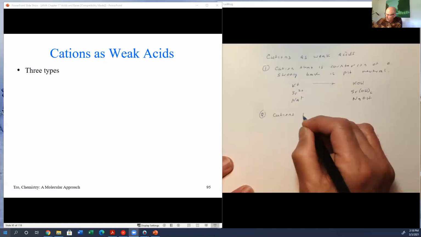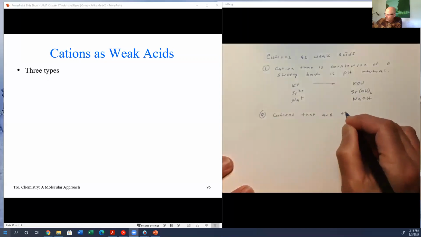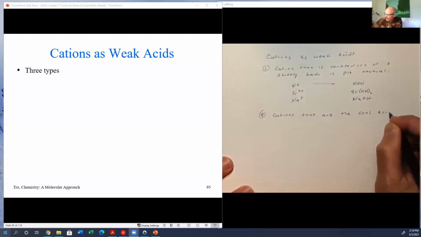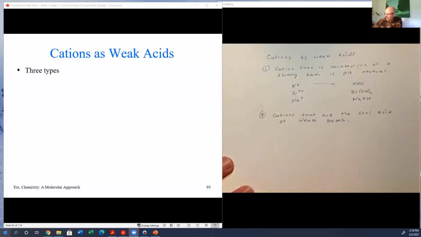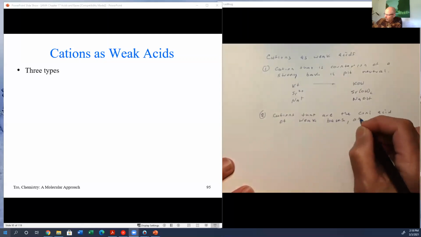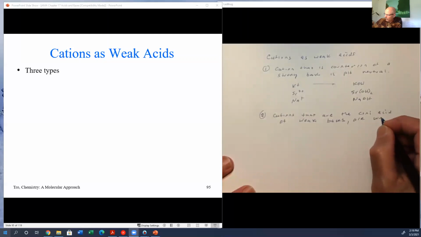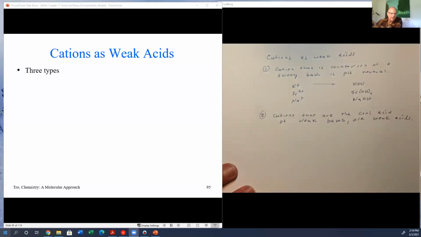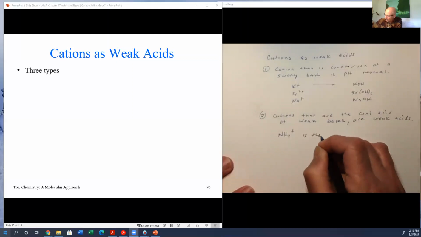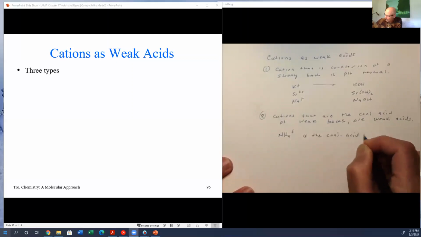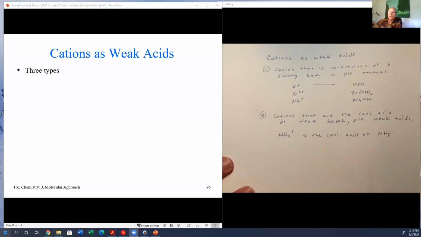Second, cations that are the conjugate acid of weak bases are weak acids. So for example, NH4 plus is the conjugate acid of NH3.